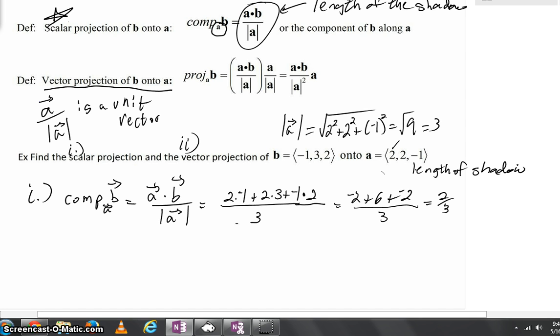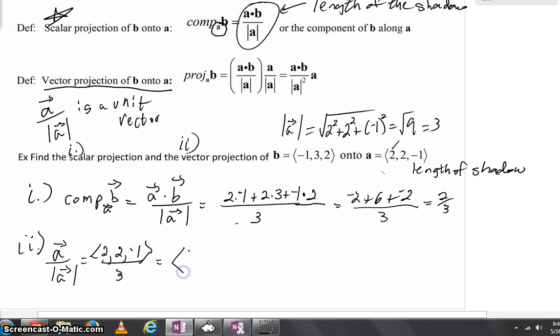That's for part 1. Part 2, when I'm asked to find the vector projection, well, that's something altogether different. First, I need the unit vector in the direction of A. So that's going to be vector A, which is 2, 2, negative 1, and I'm going to divide that by a 3.